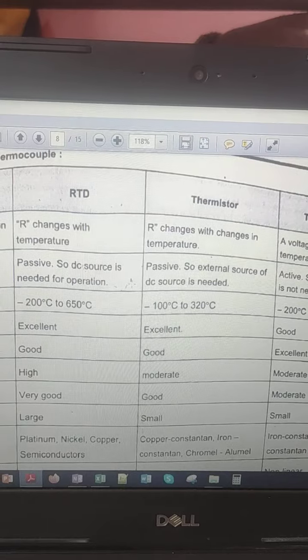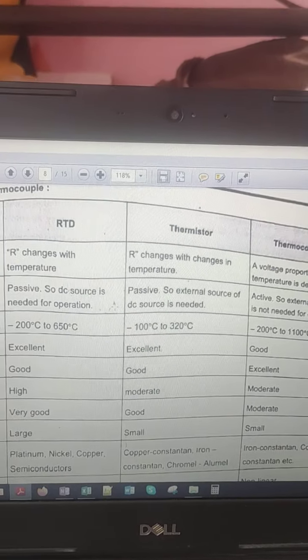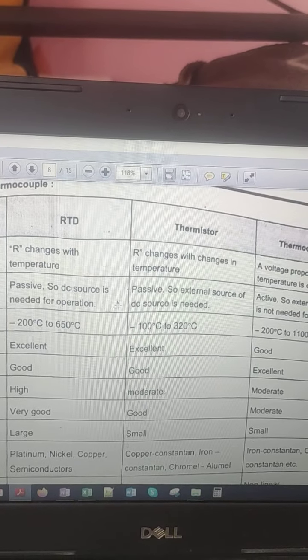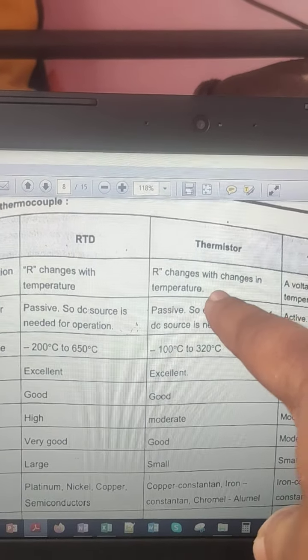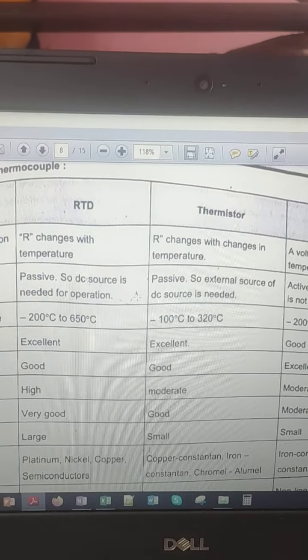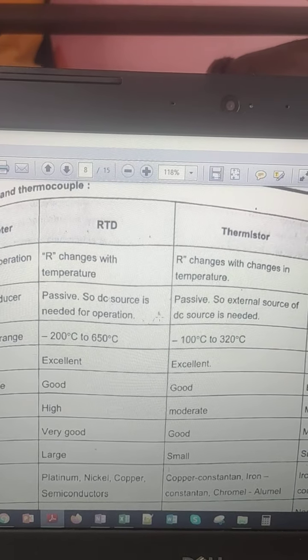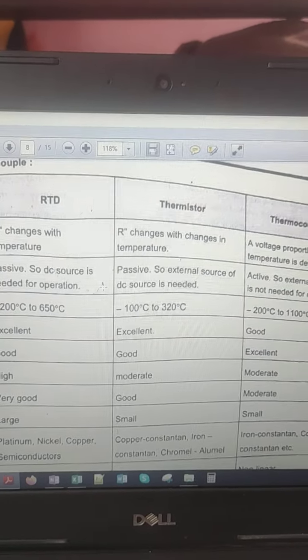Next is the difference between RTD, thermistor and thermocouple. The first parameter is the principle of operation. In an RTD, resistance changes with temperature. In a thermistor also resistance changes with temperature, and in a thermocouple a voltage proportional to temperature is developed. Then transducer type: RTD passive, thermistor passive, and thermocouple an active transducer.